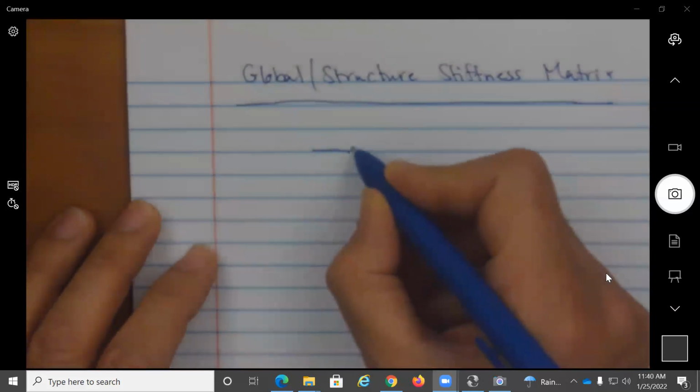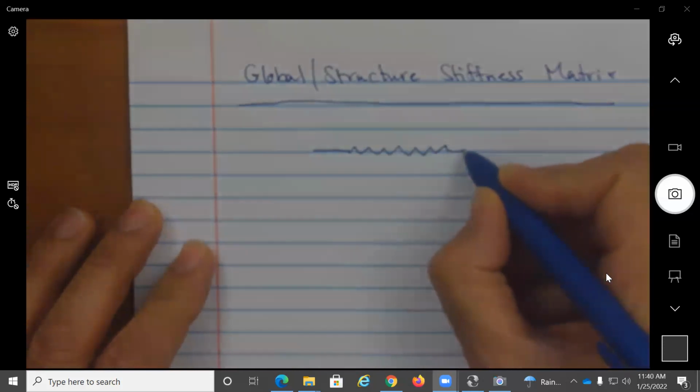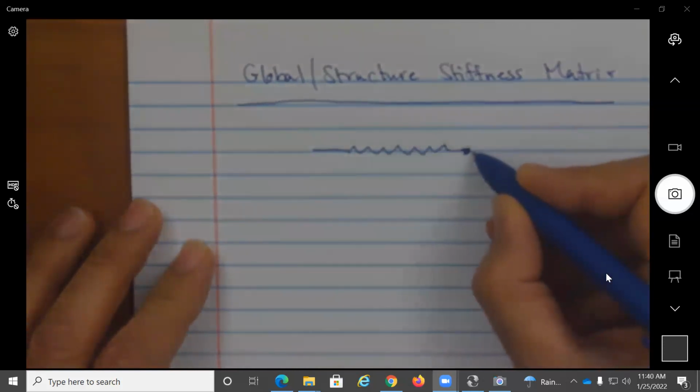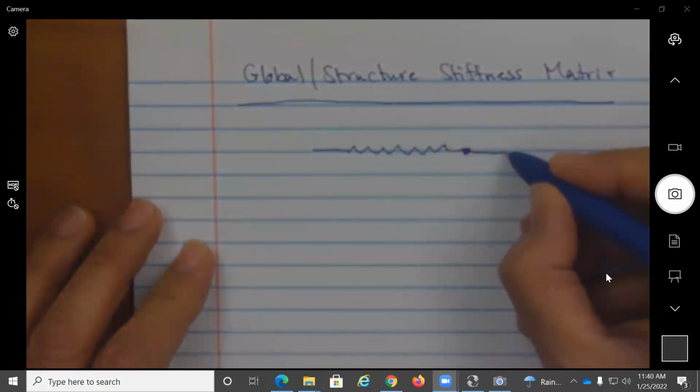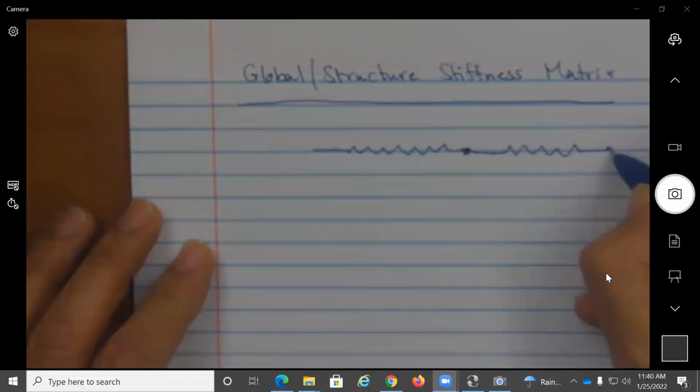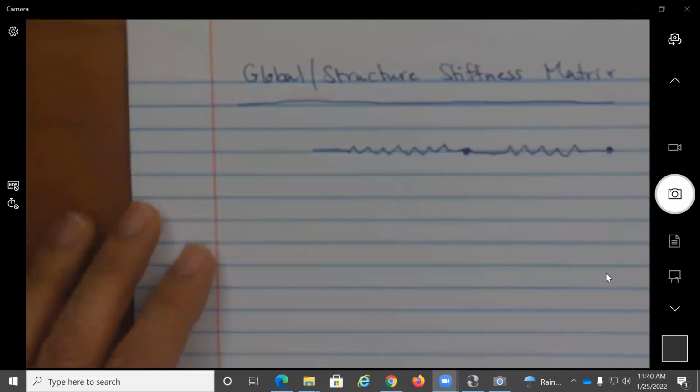And let's say I have a structure that is made of an assembly of two springs. Now, both of them are oriented here in the X direction.